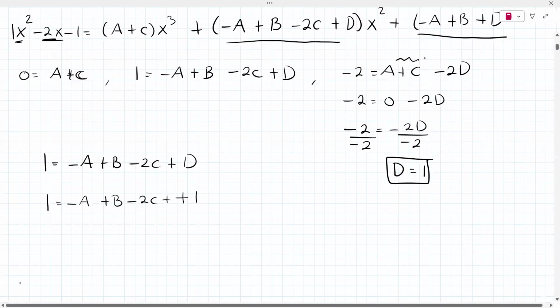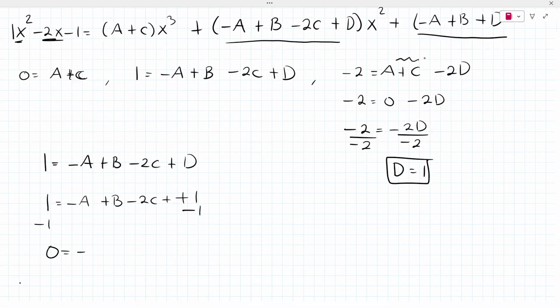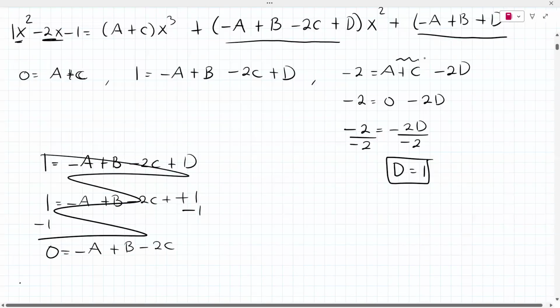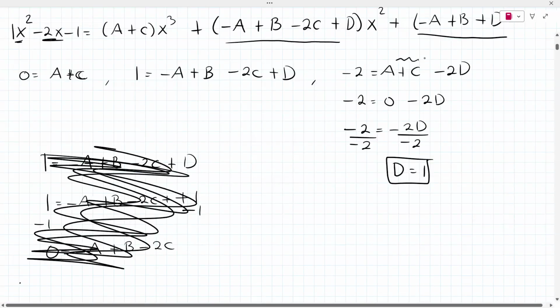So what I would do is subtract 1. I get 0 equals negative a plus b minus 2c. Hold on, actually I messed up. Let's create a system of equations.